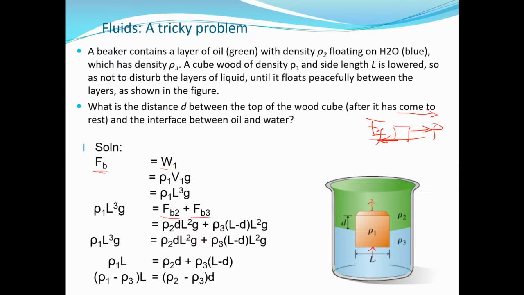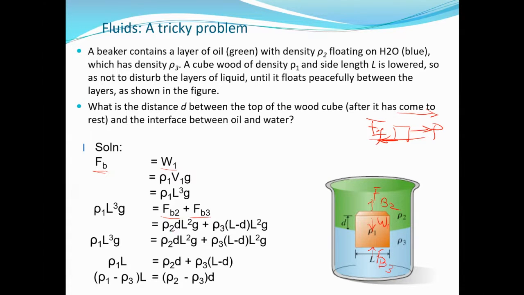So here you have FB3 due to water, and here you have FB2 due to oil, all vertically up, and you have the weight of the block acting at the center. So the weight of the block W1 is equal to FB2 plus FB3. Simple. And then what are FB2 and FB3 in terms of the submerged volume?